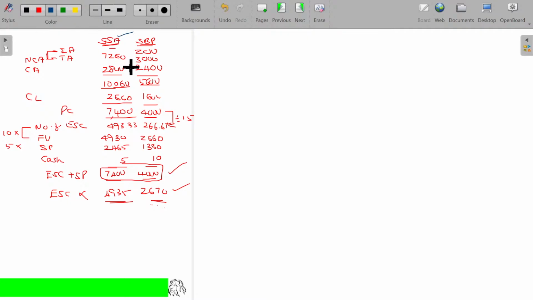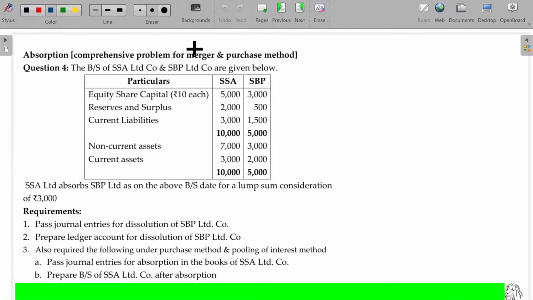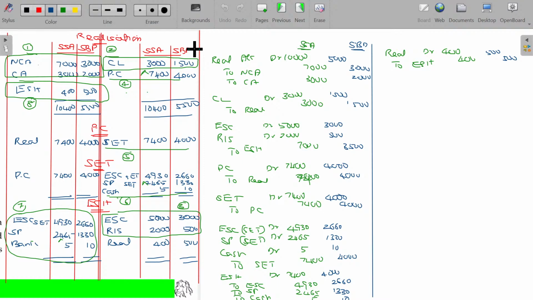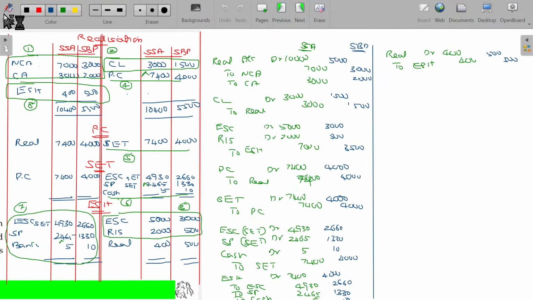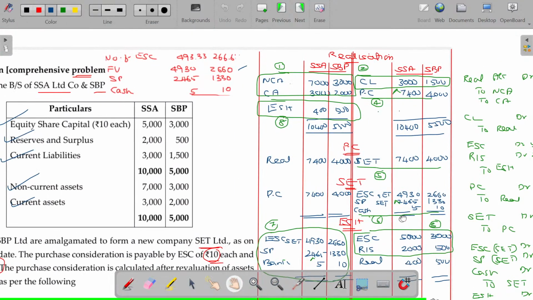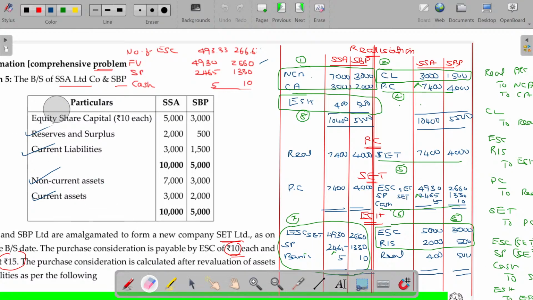So for SSA, they have taken the assets, so you can club both under purchase method. Under purchase method, what happens? I am in need of the book values, right? I'll take this one also.